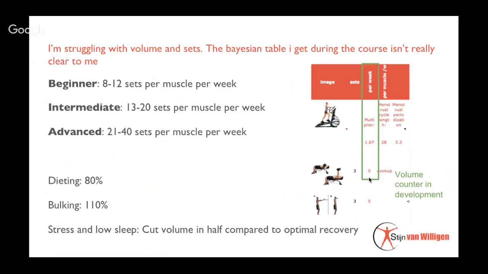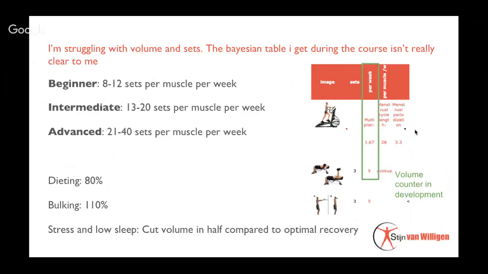And then you can basically see the weekly sets for the chest press or the dumbbell press, and you can add those up with the other chest exercise. But there's actually a volume counter we're now developing, which is coming soon. I'm not sure if this will be available for free or not. We have to think about how we're going to present it, but it's in the making.